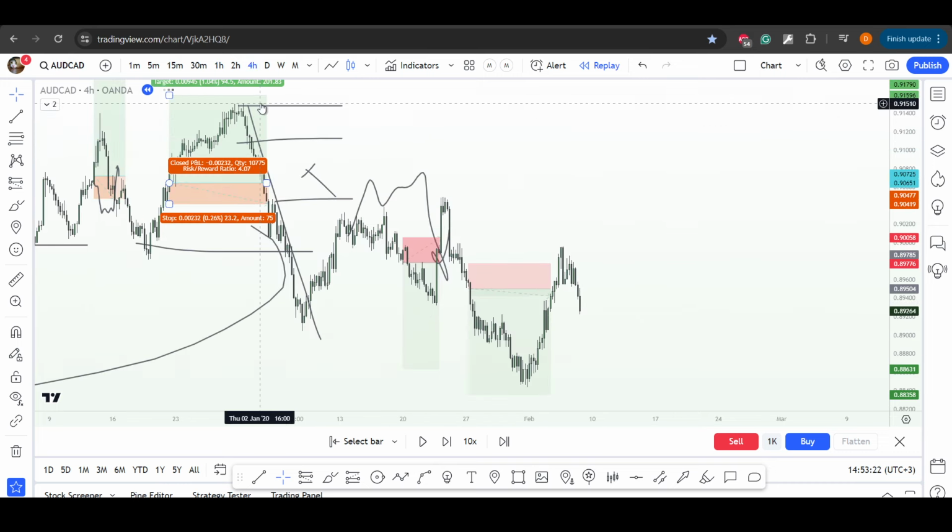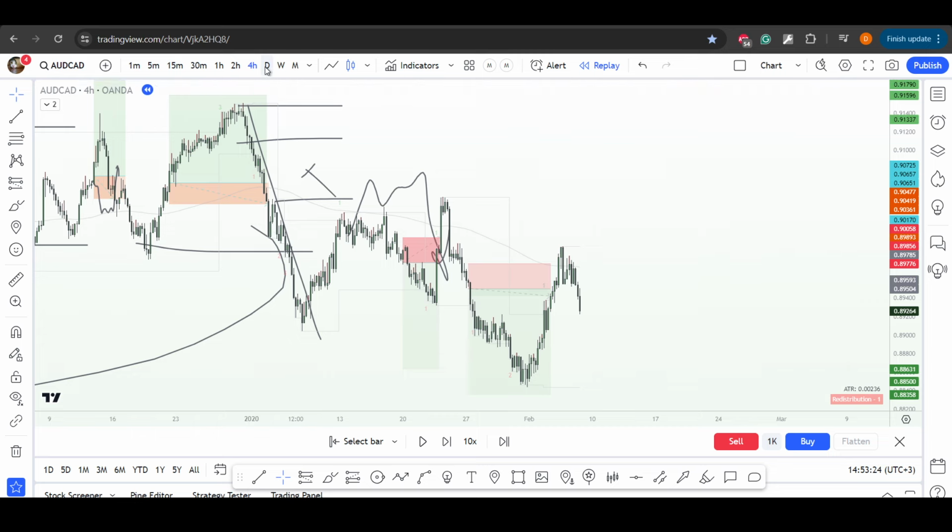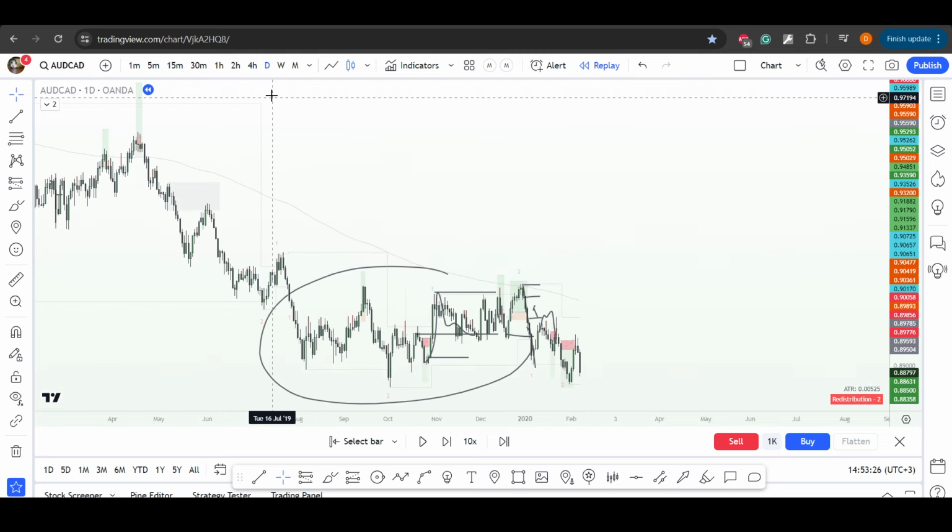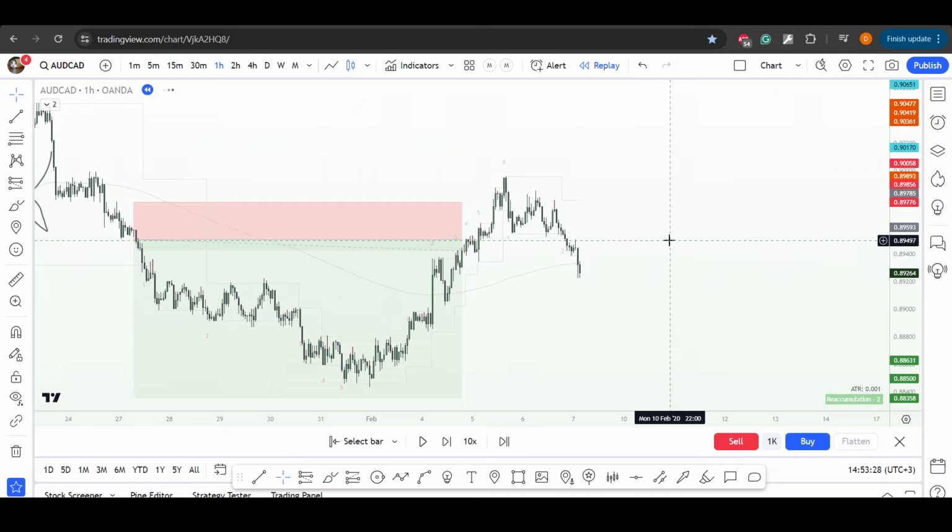So what we are trying to do on high time frames, we are trying to move even lower. So let's follow bearishness.